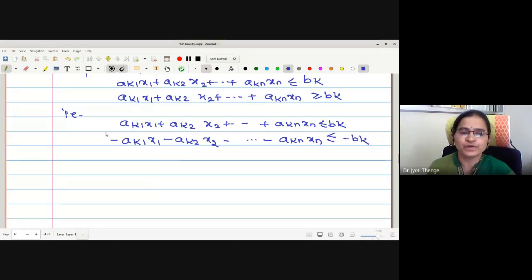Now what we will do? We will replace this kth constraint by two inequalities in statement number 1.